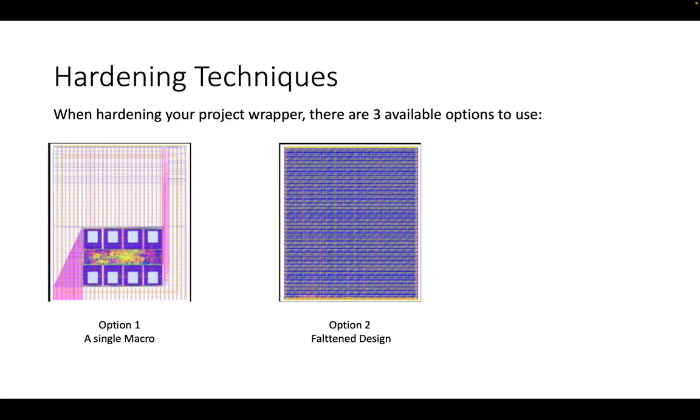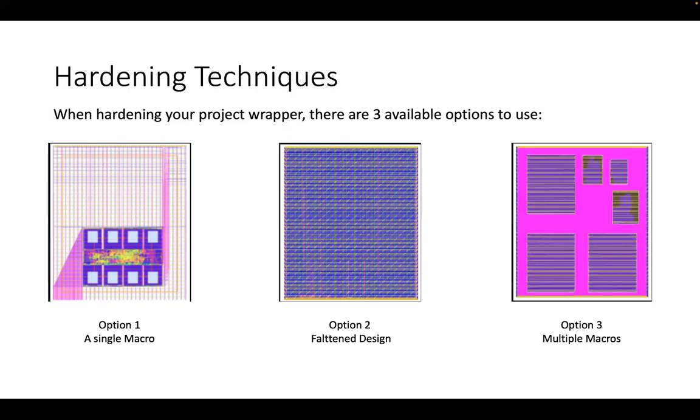The second option is to flatten your design with the wrapper. So just have your design flattened and go ahead and harden your project wrapper all at once. Okay, no hardened macros. The third and final option is basically a mix of both, where you can use multiple hardened macros along with some design hardened with the project wrapper.